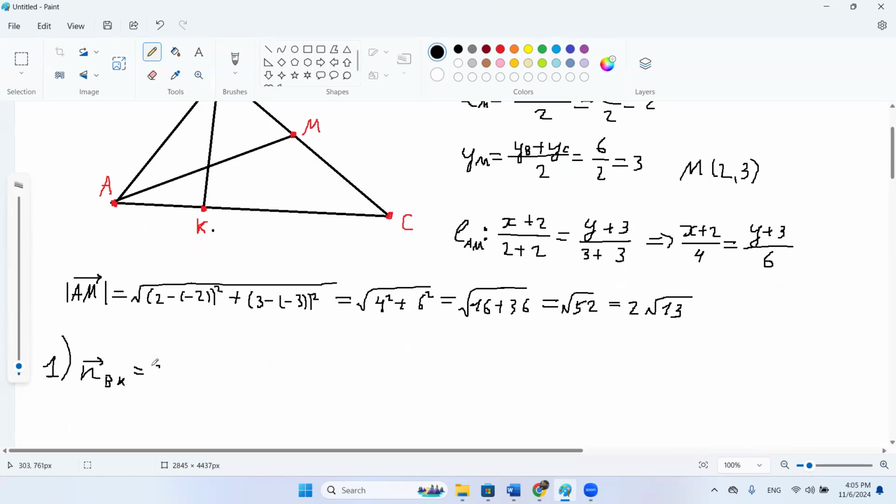That is equal to the direction vector of AC. So the direction vector S of AC also equals the normal vector of BK.